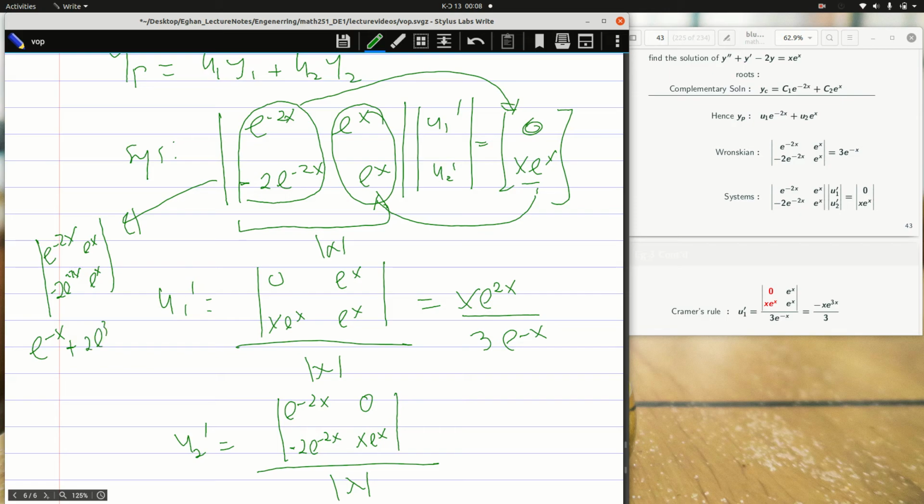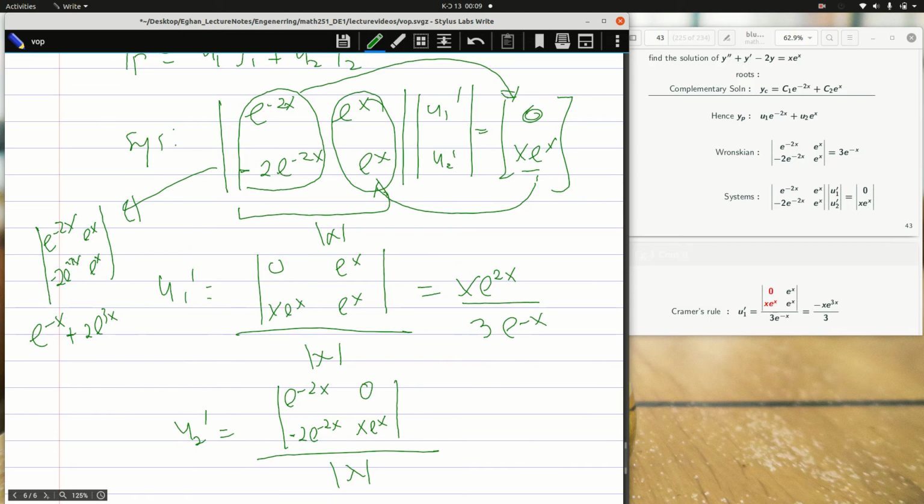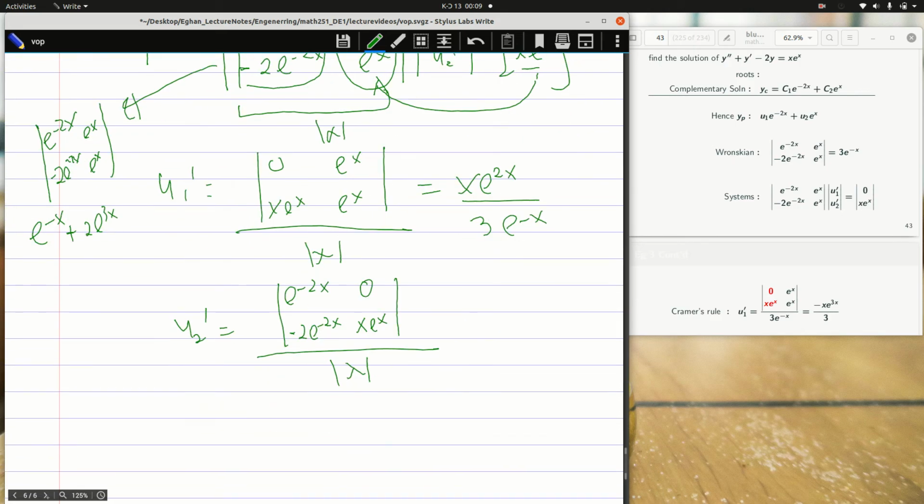And that is what we have. Where did I get to? Alright, so the second part, if I'm to find a determinant here, I'm going to get this times that. I have x e, that'll be positive x, negative x over the Wronskian.